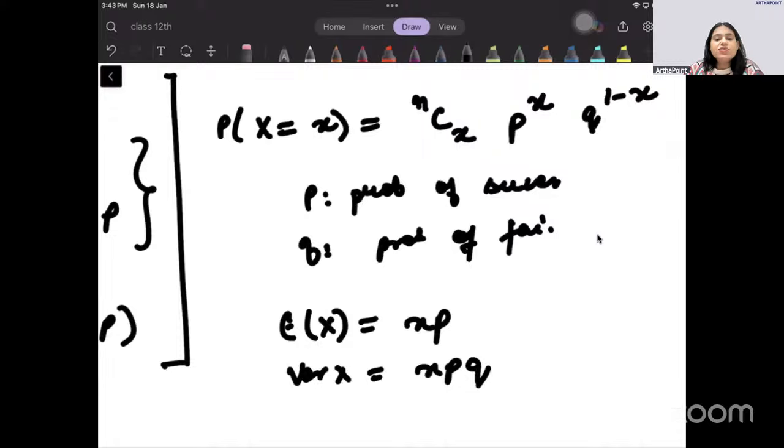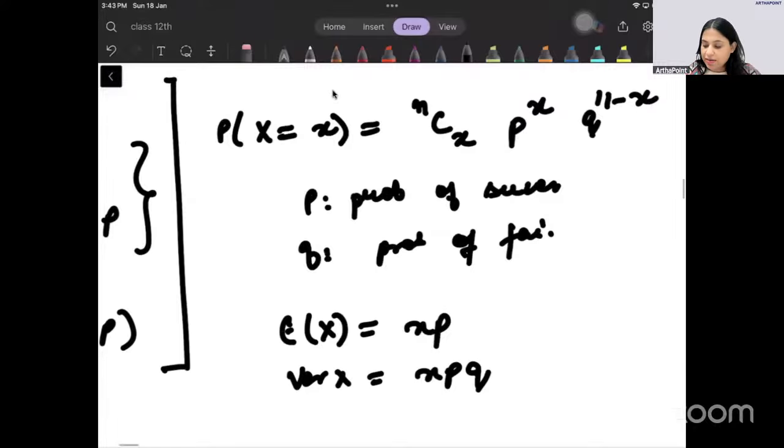This is called your binomial distribution. ठीक है. A binomial distribution is basically one distribution which is most commonly used for solving numericals. Sorry, n, not 1, because n trials are there.